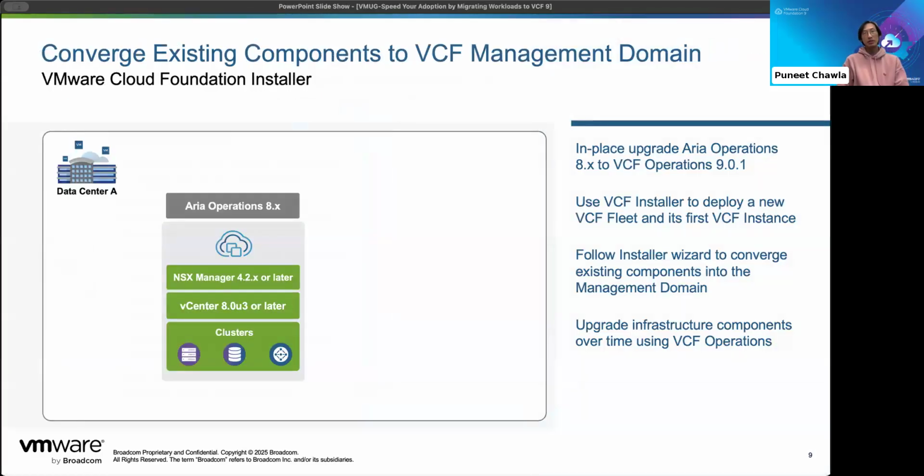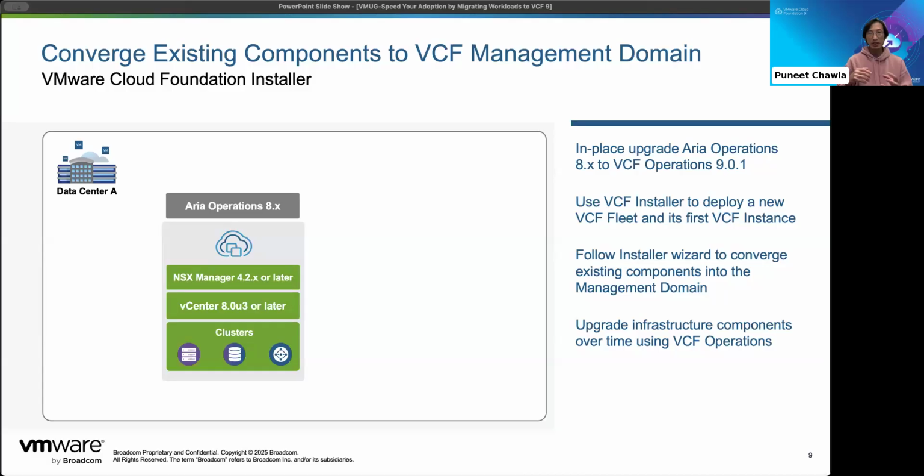All right. So here in this example in data center A, we have a vSphere 8.0 Update 3 environment currently deployed with Aria Operations version 8 in the environment as well.